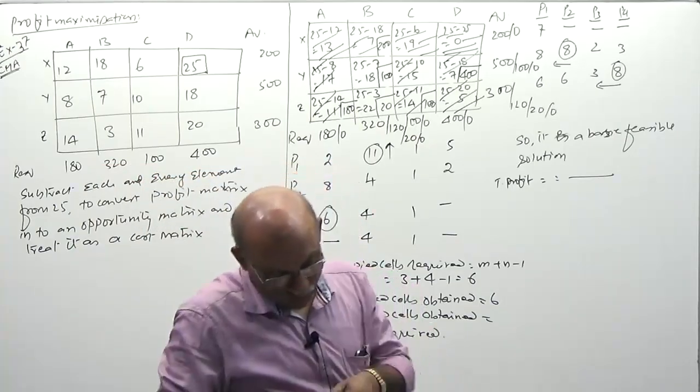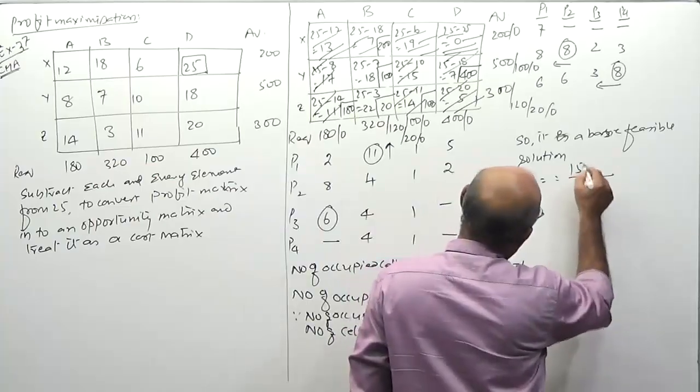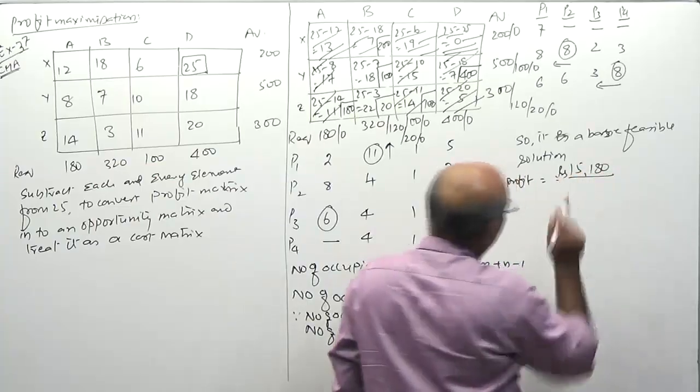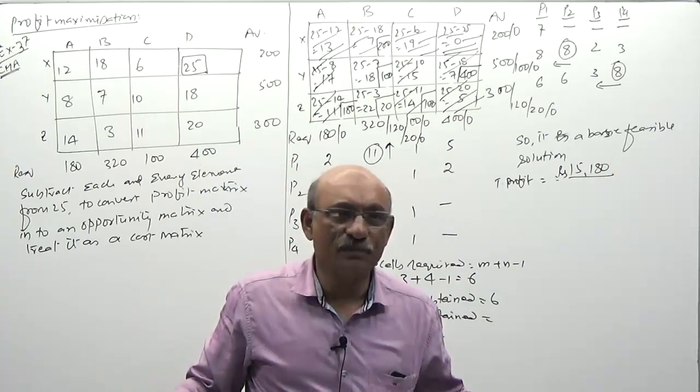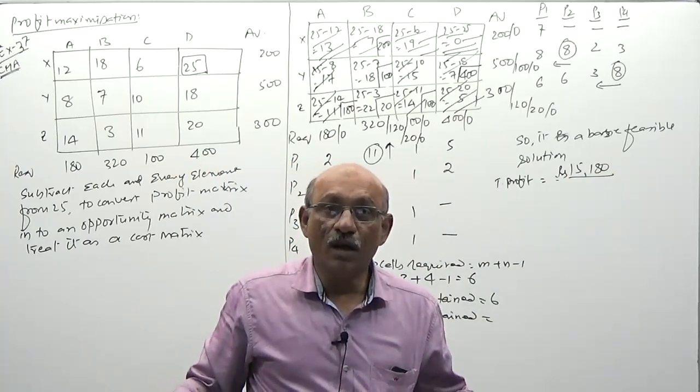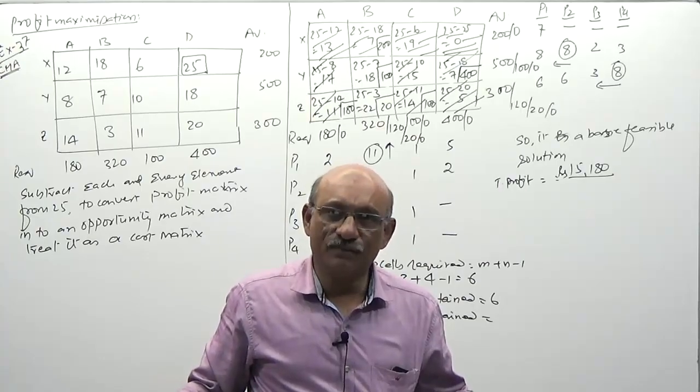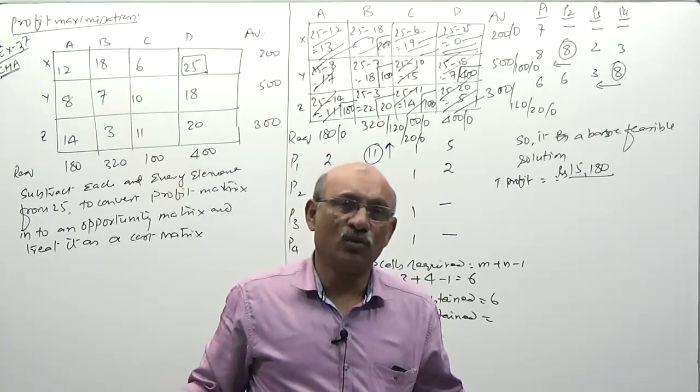Our value is coinciding with the answer given. This is the profit obtained for the given transportation table by Vogel's method. Now we are trying to improve the solution.